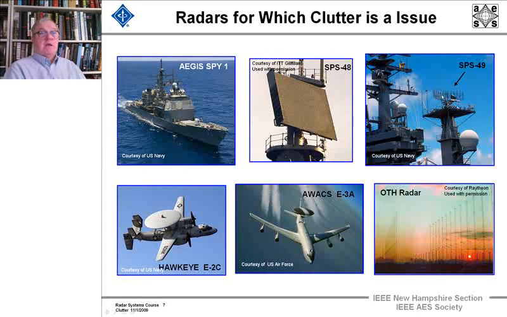Air surveillance radars, this one on a carrier, a parabolic one. Also, the SPS-48, which we looked at when we were studying antennas, and the phased array radars on the Aegis. In this case, it's an Aegis cruiser, and the Spy-1 series, and they will have certainly sea clutter.